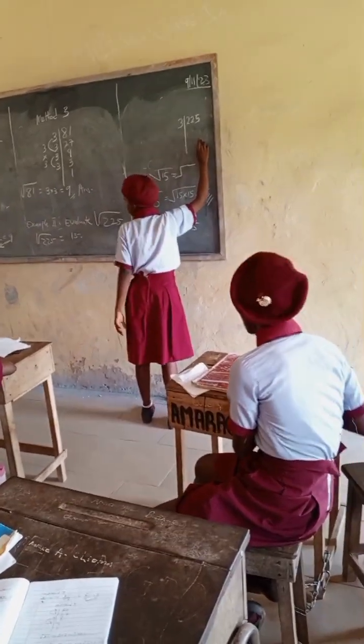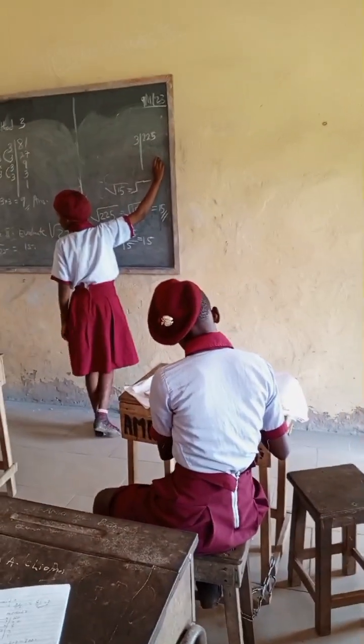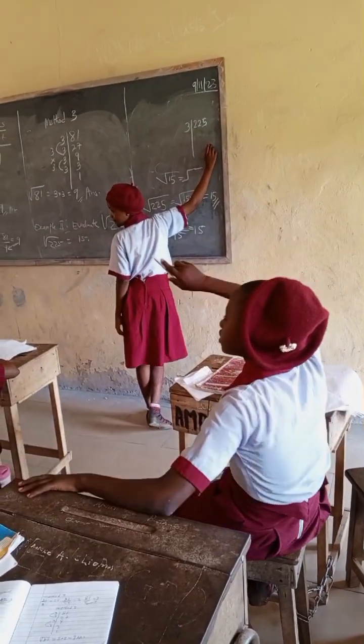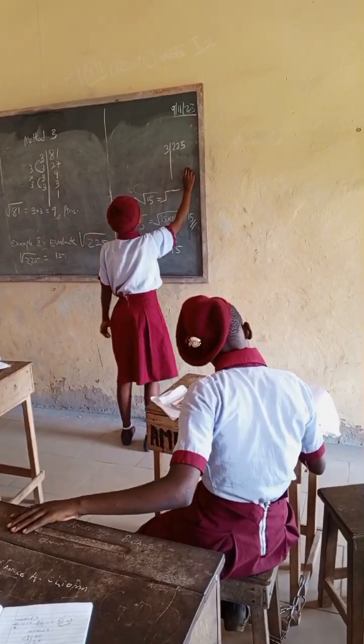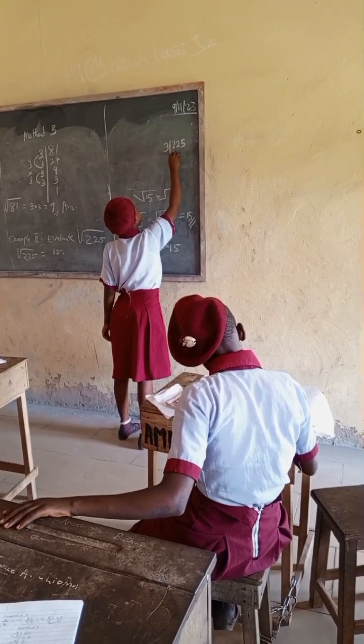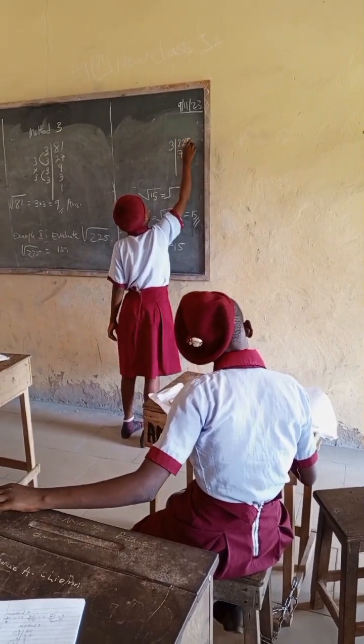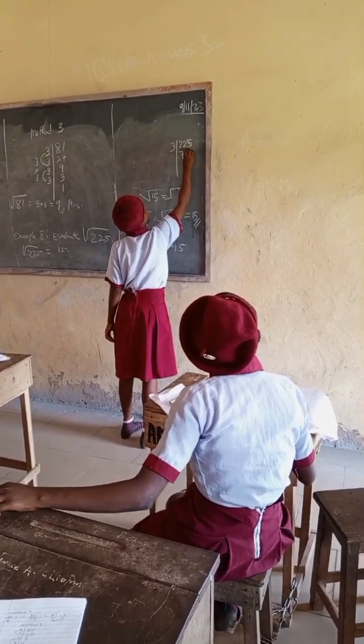3 divide 22 is what? 7. Remainder 1. Right? 7, remainder 1. Very good.